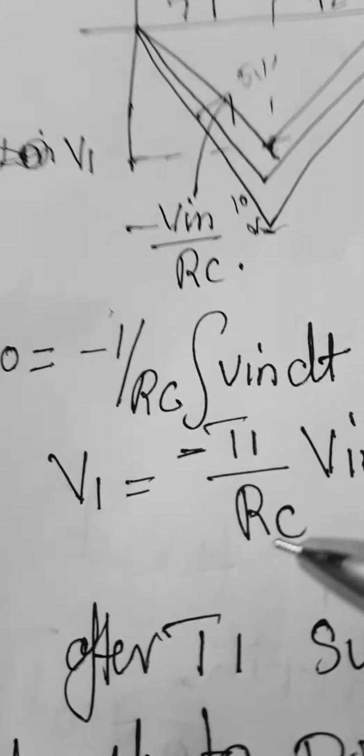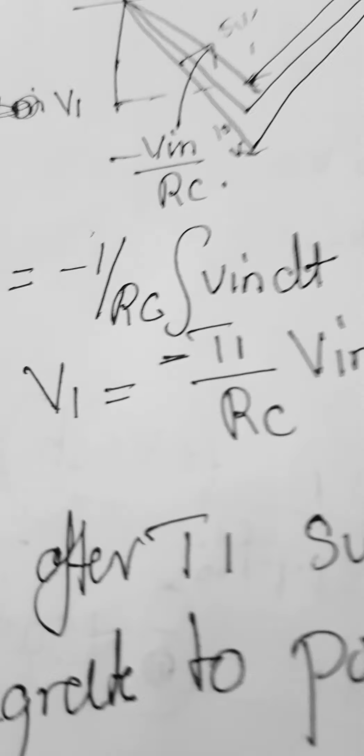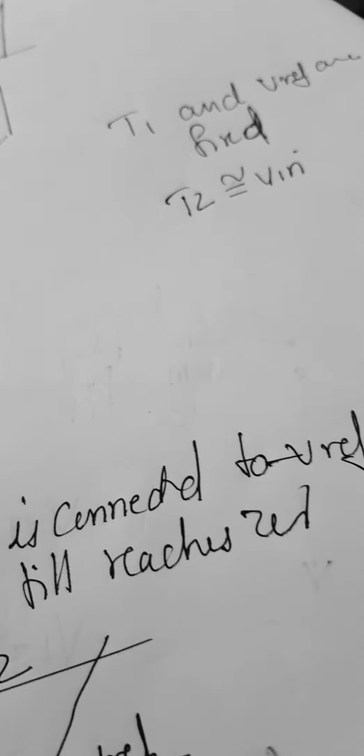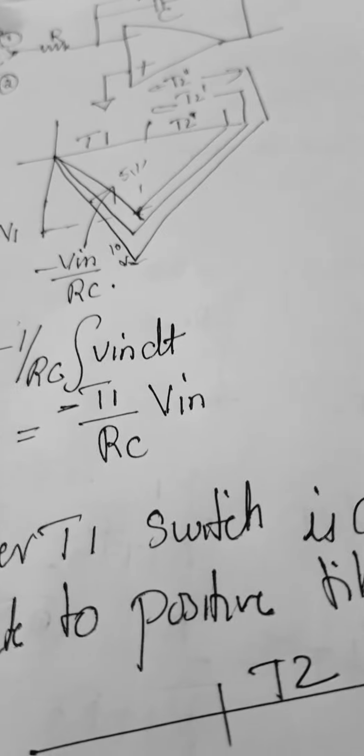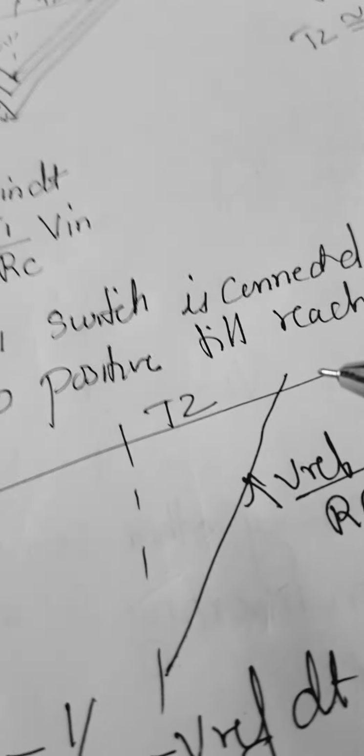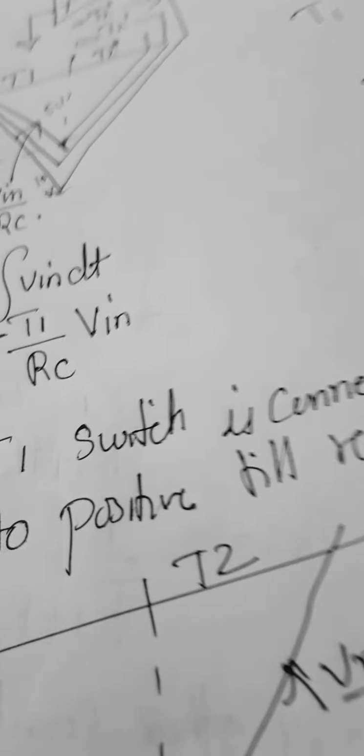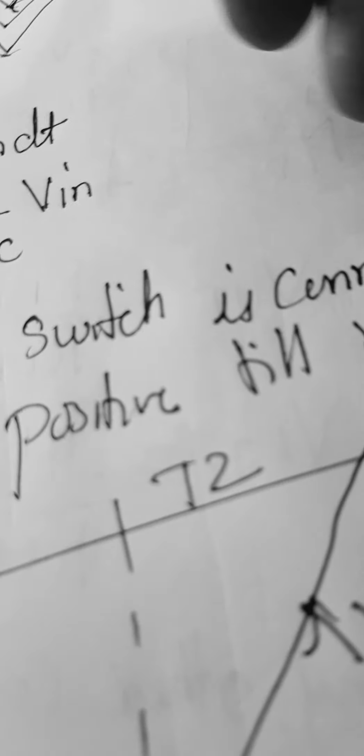T1 is constant. After Vn, the switch is connected to V reference and it integrates in the positive direction. So it has a constant slope that is given by V reference by RC.